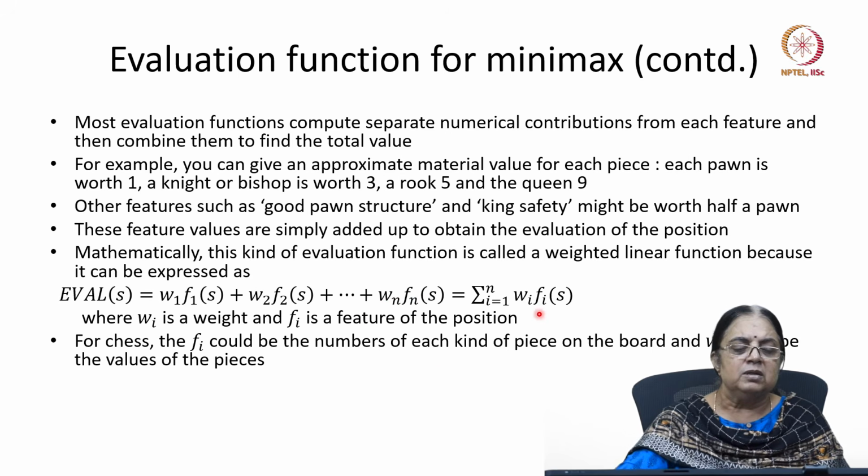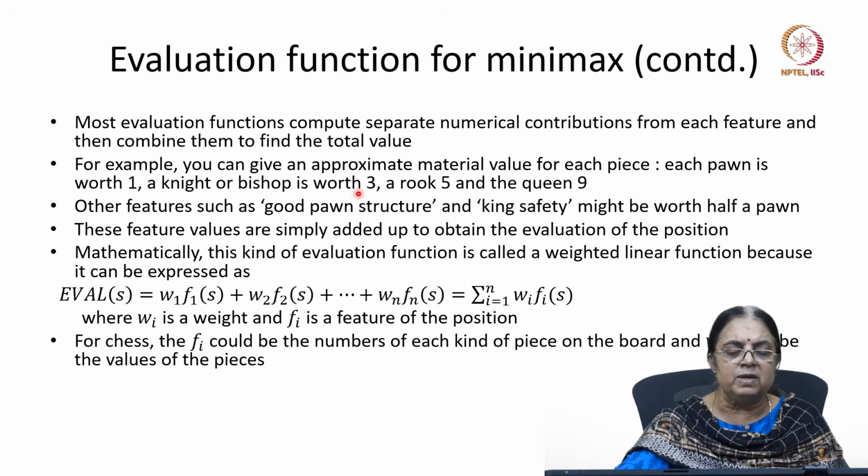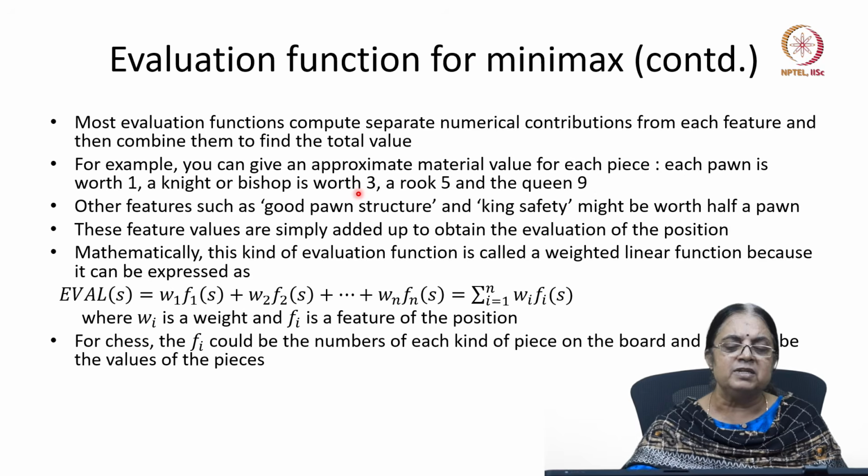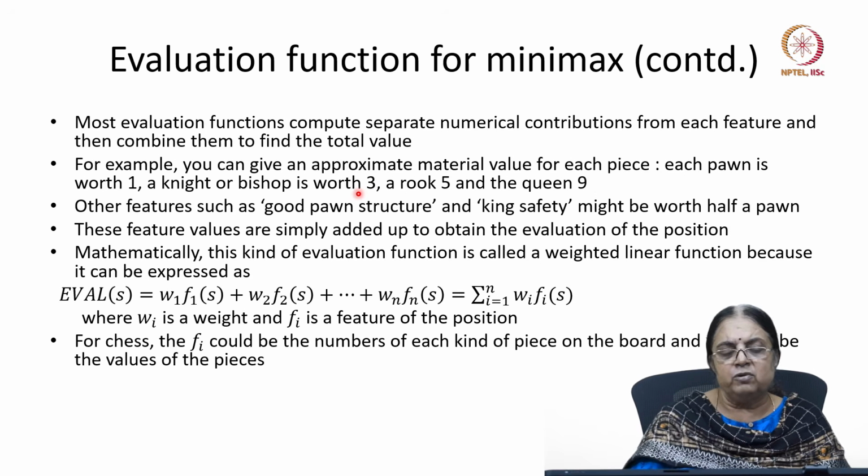So if you have features F1, F2, etc., F1 is a feature of a particular position. Maybe F1 is something like the number of pawns. And you have the weights W1, W2, etc. You can set these weights according to your intuition.